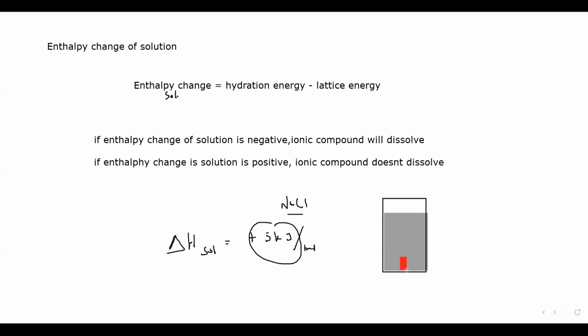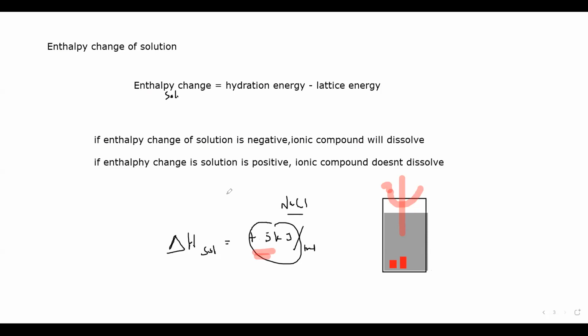When you add it, it will not dissolve or mix by itself. You have to stir. So when you stir, your stirring is also supplying energy, and plus 5 kilojoule per mole is supplied by stirring. So that is why sodium chloride will dissolve.